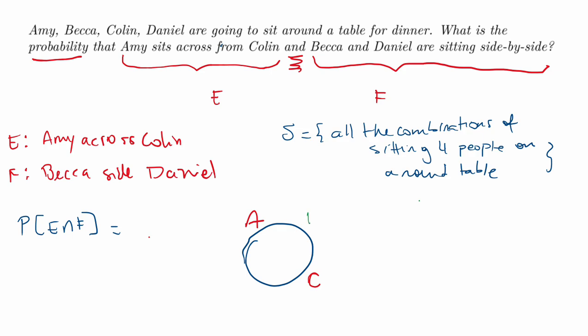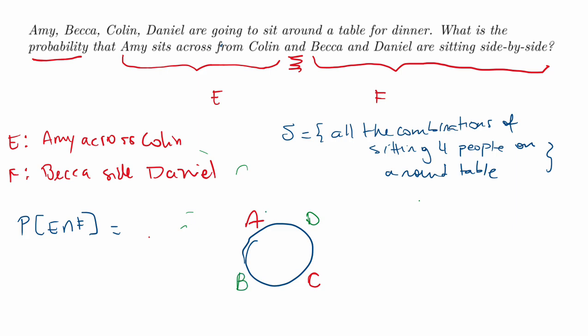Well, if Daniel sits here, and we are closing the circle, distributing around the table, I cannot have Becca sitting here, for example, because they're not seated side by side around the table. What's the only option for Becca? Well, it's actually sitting across from Daniel.